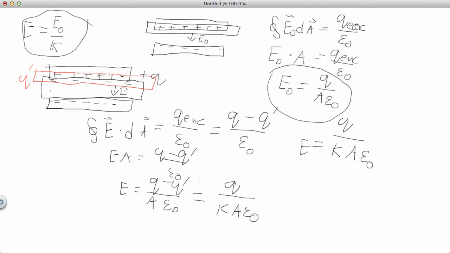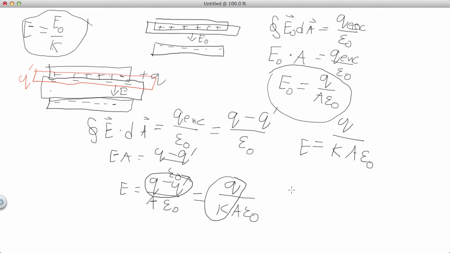Now, if you compare these two things, then you can see that Q over kappa has to equal Q minus Q prime, because what's left is 1 over A epsilon naught. So that's why including the kappa in the integral takes care of the charge on the dielectric.